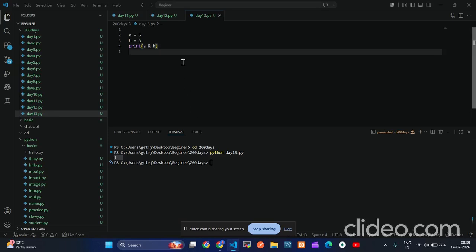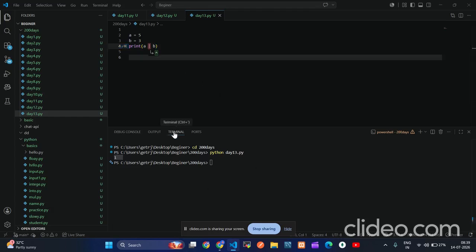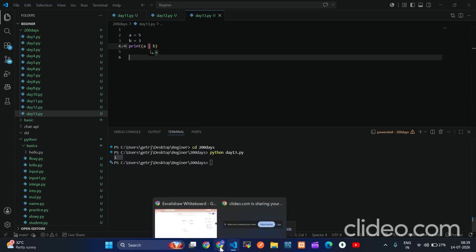Okay, we will go to the OR operator. Basically, here I use one pipe. The OR operator returns 1 if at least one bit is 1. Let's check it here.